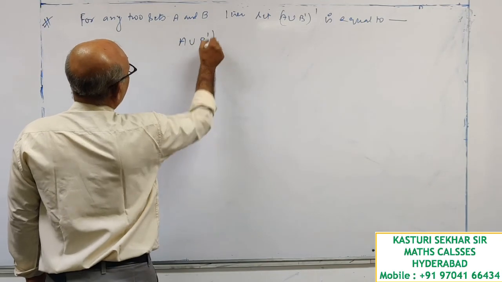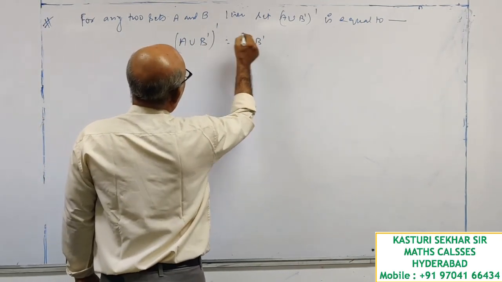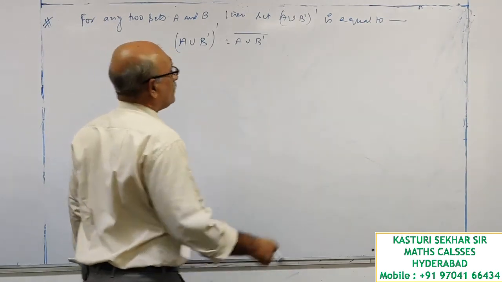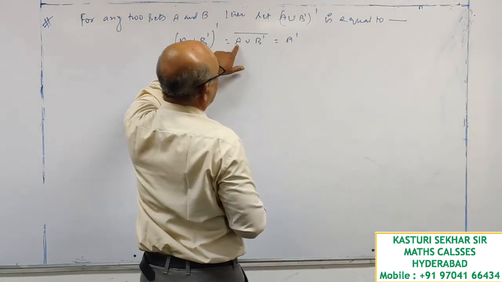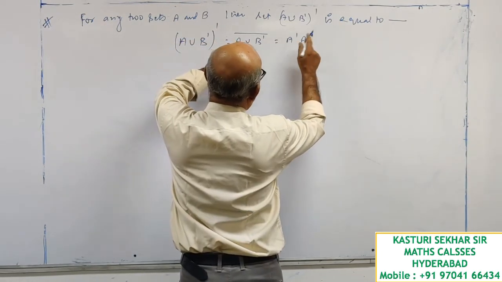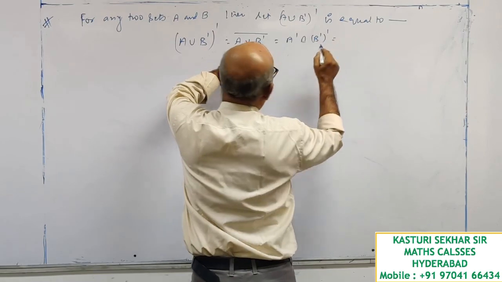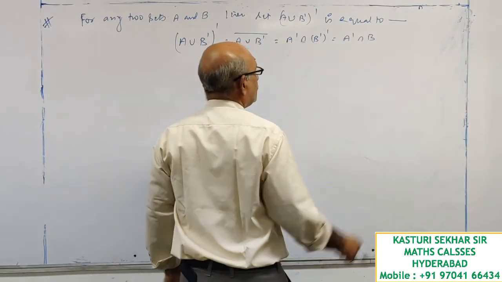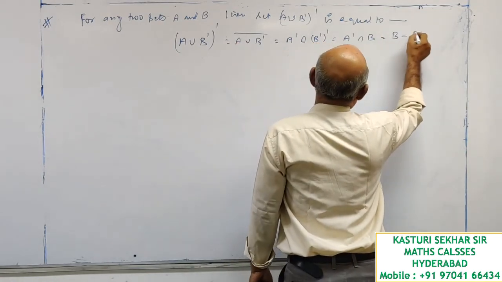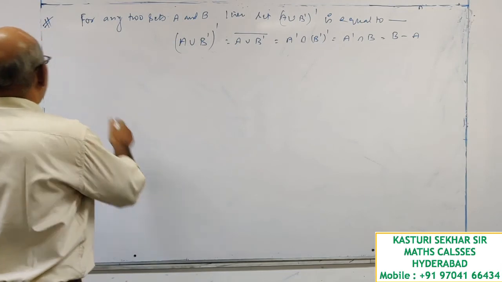A union B complement whole complement. So this is A complement, union will become intersection, and it is B complement whole complement, A complement intersection B. This can also be written as B minus A. This is the answer to this question.